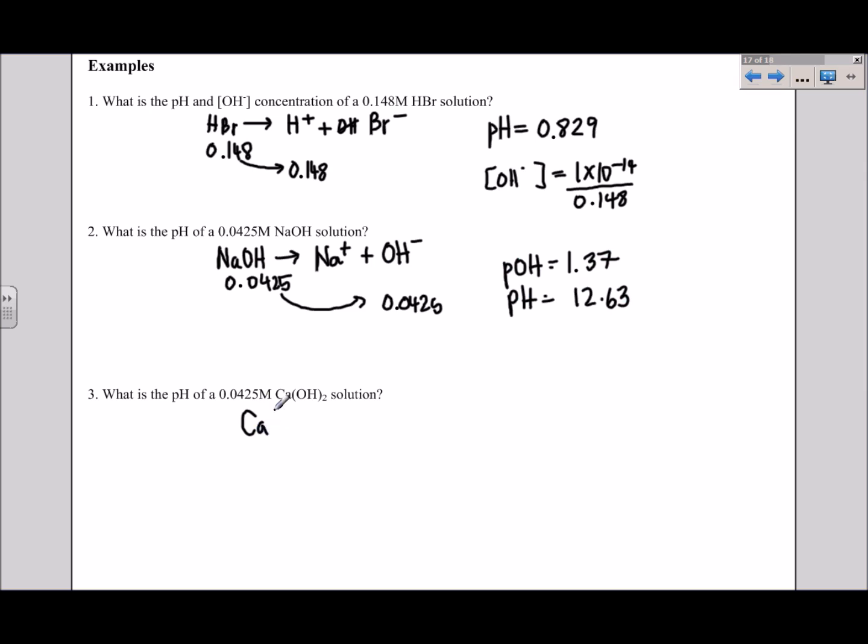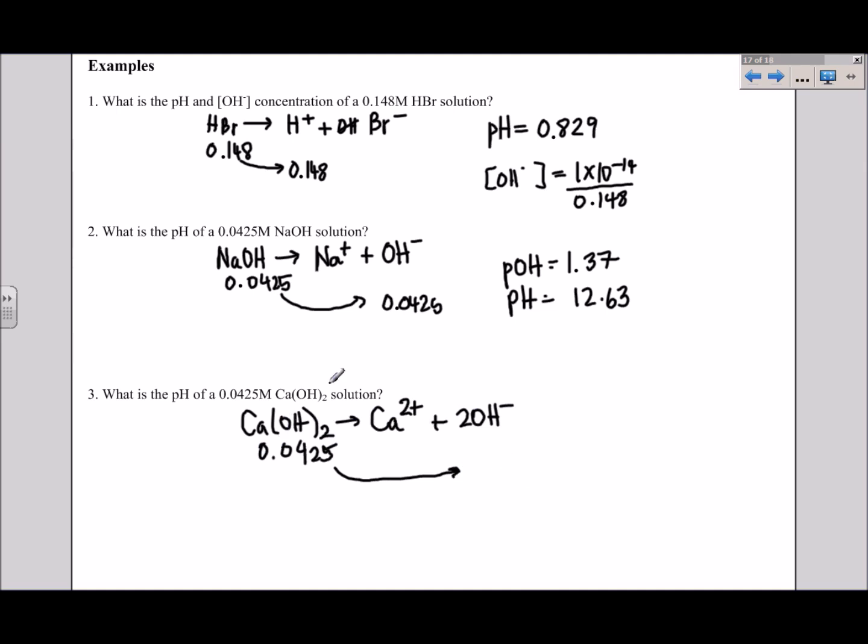This next example, I've got calcium hydroxide. And calcium hydroxide is a strong base. It's one of my soluble hydroxides. And when it dissociates, it produces 1 calcium ion and 2 hydroxide ions. Now the concentration of the base is 0.0425. And to figure out the pH, I need to figure out what the concentration of hydroxide is in this solution.